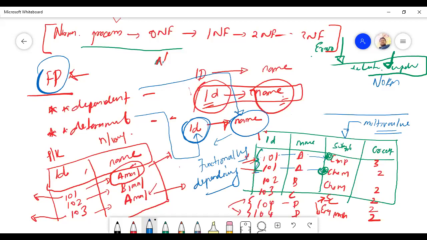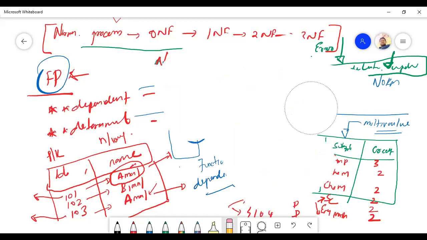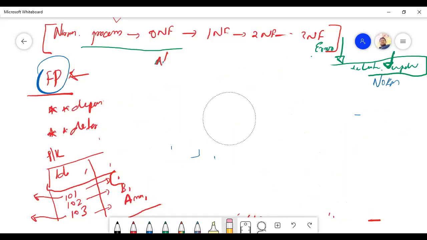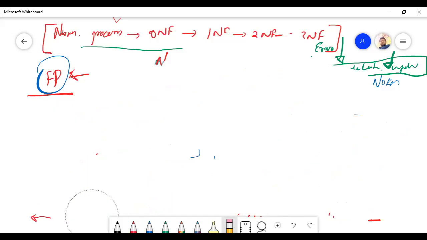I'll give another example. Okay, I'll remove this one and give you some other example.